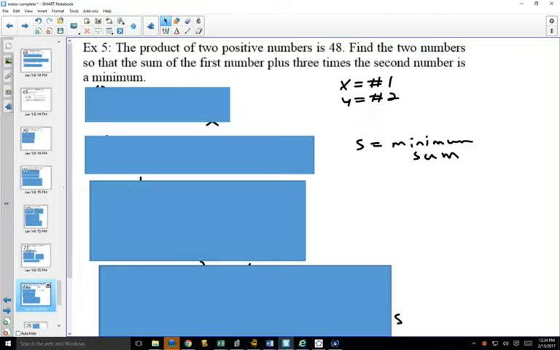So we want to optimize the sum to be a minimum. And so that's what you need to make an equation for. Sum equals blah, blah, blah, blah. And in that, you need to have that in terms of x only. So I have two numbers, I have an x and a y, but I need to relate them in terms of x only. See what you come up with.